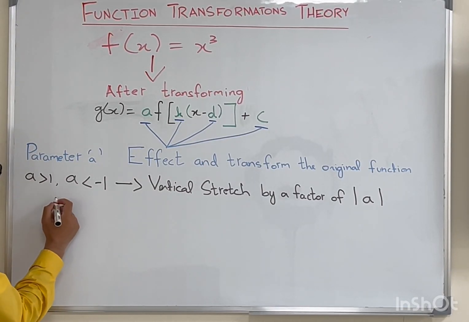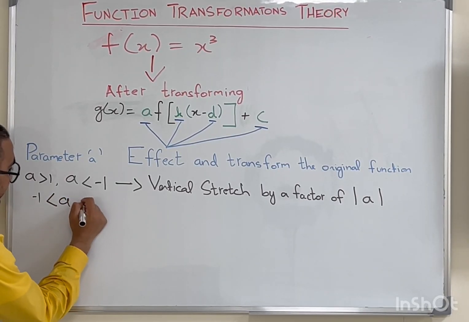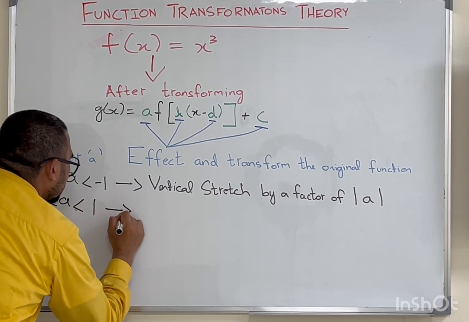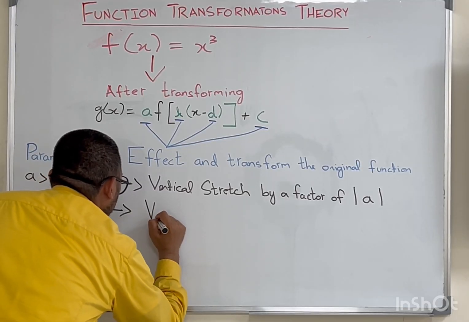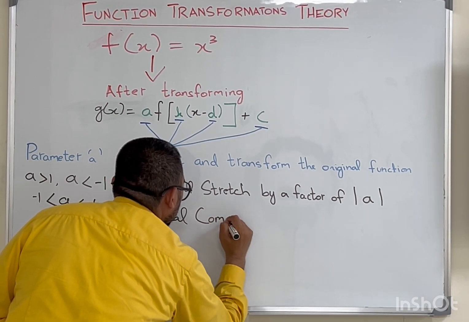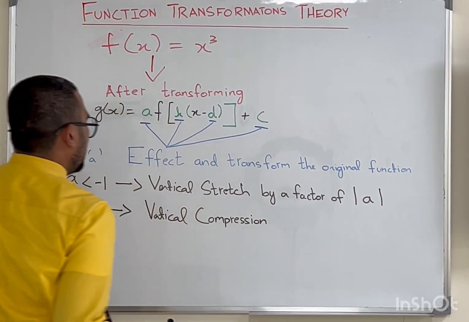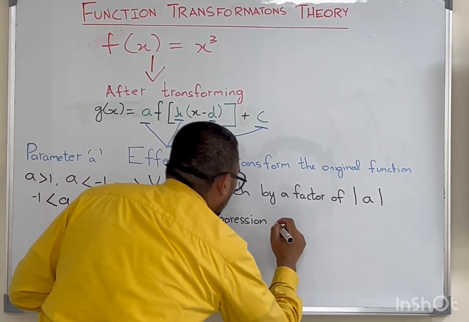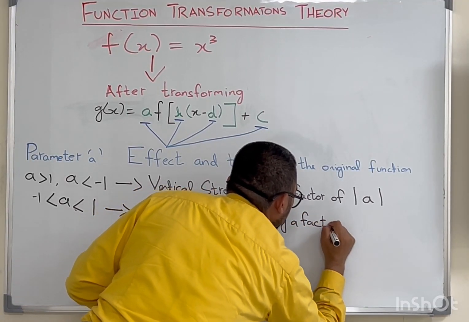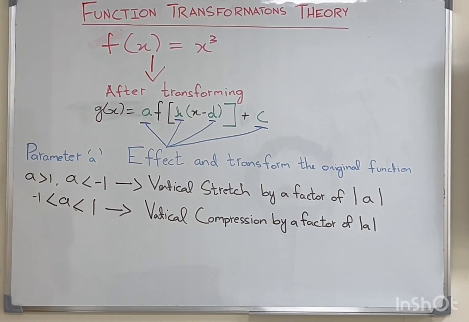In this scenario, we have a vertical compression by a factor of the absolute value of a.